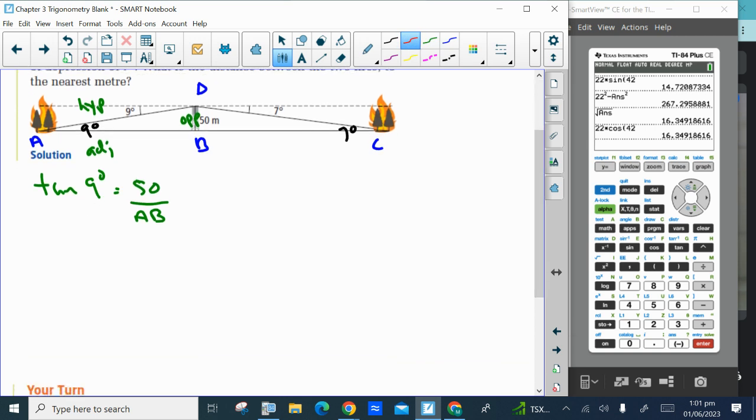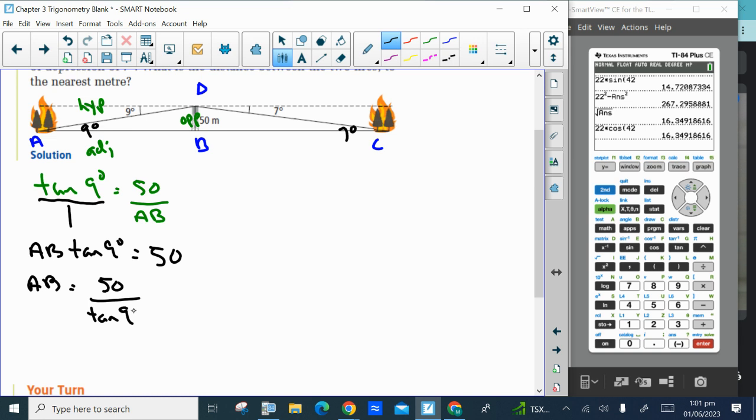If we make the left side a fraction and then cross multiply, we'll have AB times the tan of 9 equals 50. And so AB will equal 50 over tan of 9 degrees.